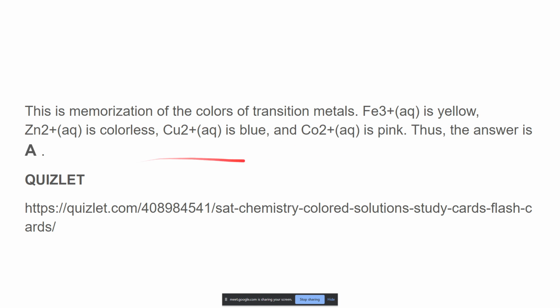For this one, you all put A and you are correct. That's pretty straightforward if you just see the Quizlet.